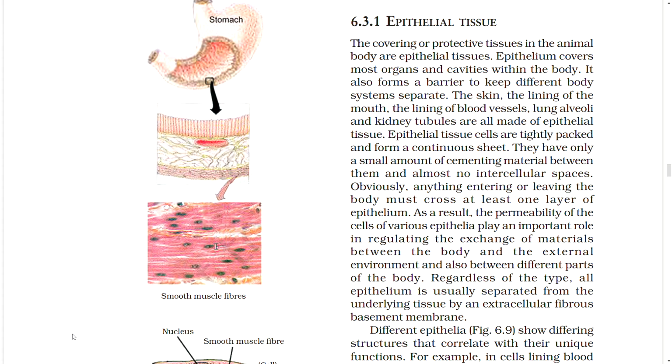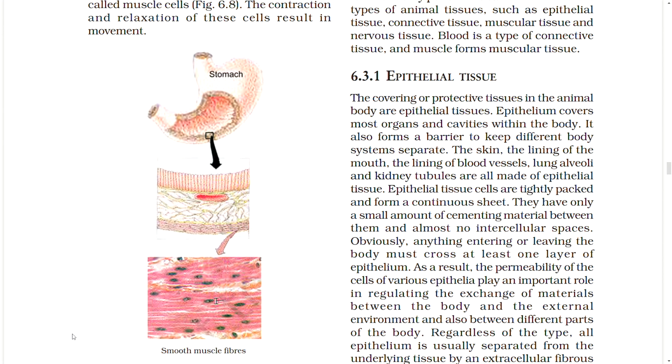6.3.1 Epithelial tissue. The covering or protective tissues in the animal body are epithelial tissues. Epithelium covers most organs and cavities within the body. It also forms a barrier to keep different body systems separate.